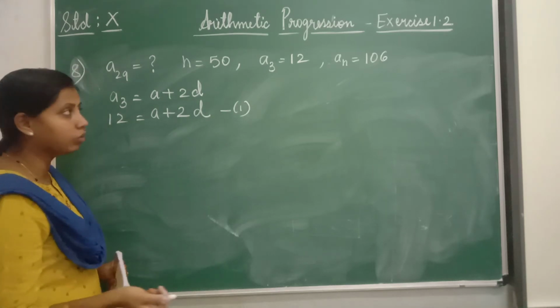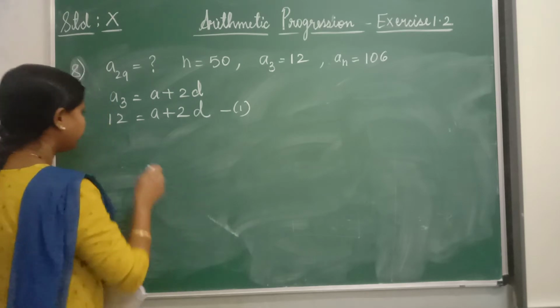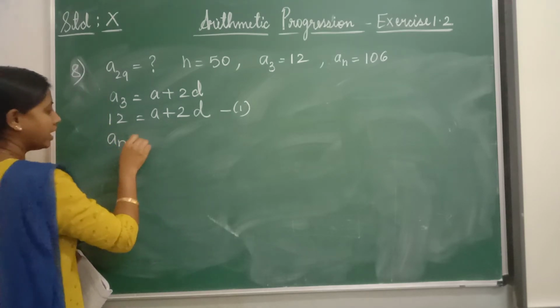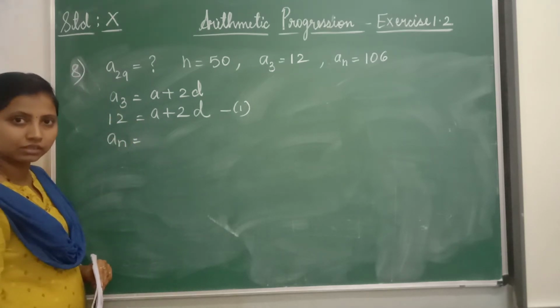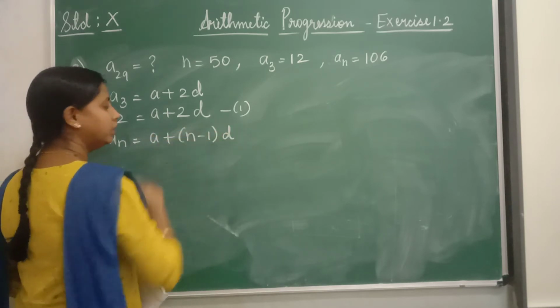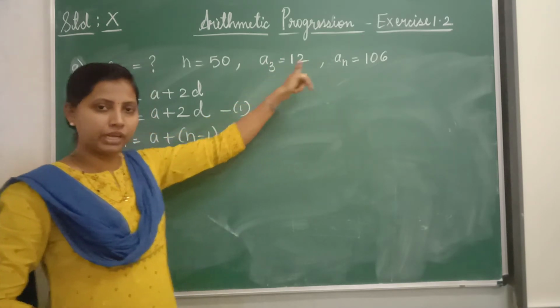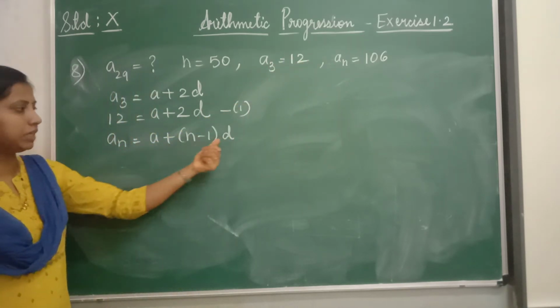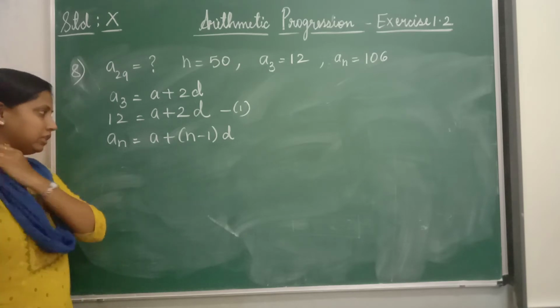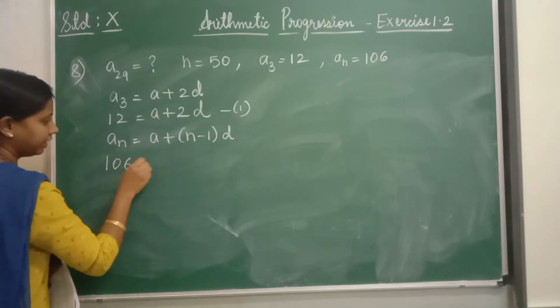Now to get the second equation, we have AN is equals to 106. So we can use AN is equals to A plus n minus 1 into D, because they are not given which term is 106. Now substitute AN is equals to 106.